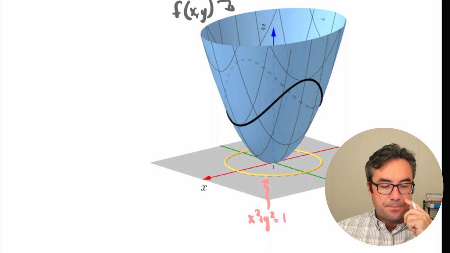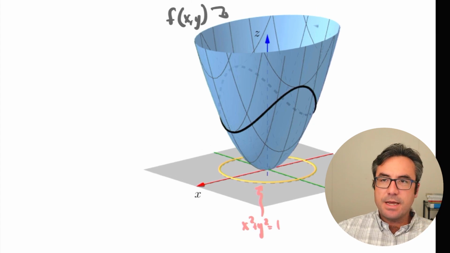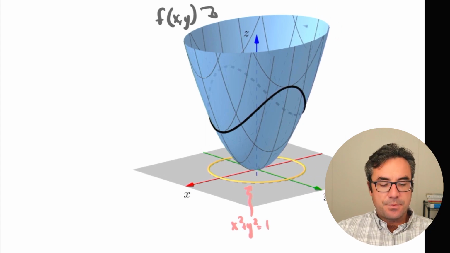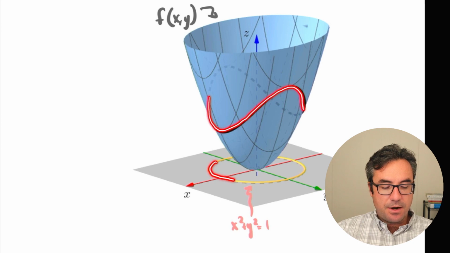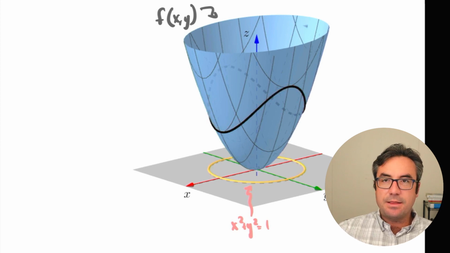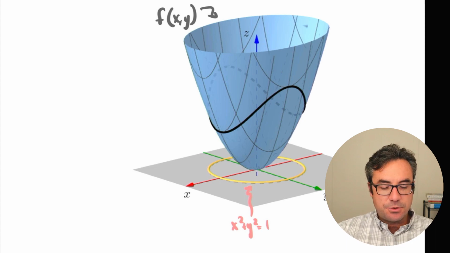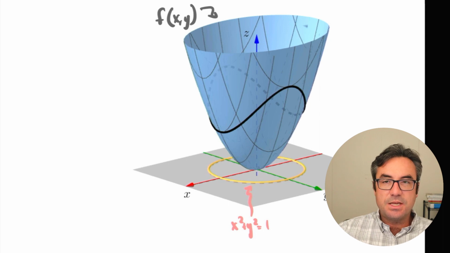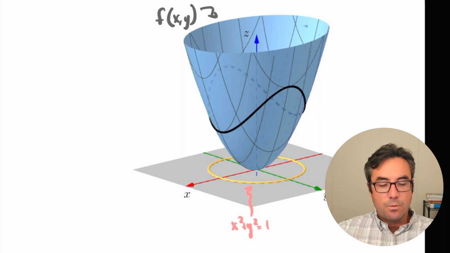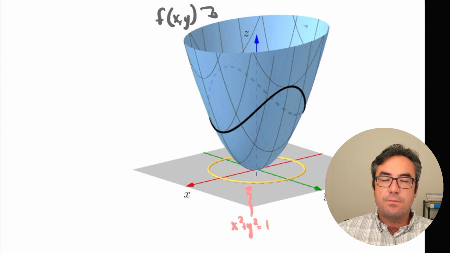And by looking at this constrained optimization, we're looking at all the points that sit on our surface that are above this circle. So we're looking at the intersection between the cylinder x squared plus y squared equal to 1 with our actual surface f of xy.